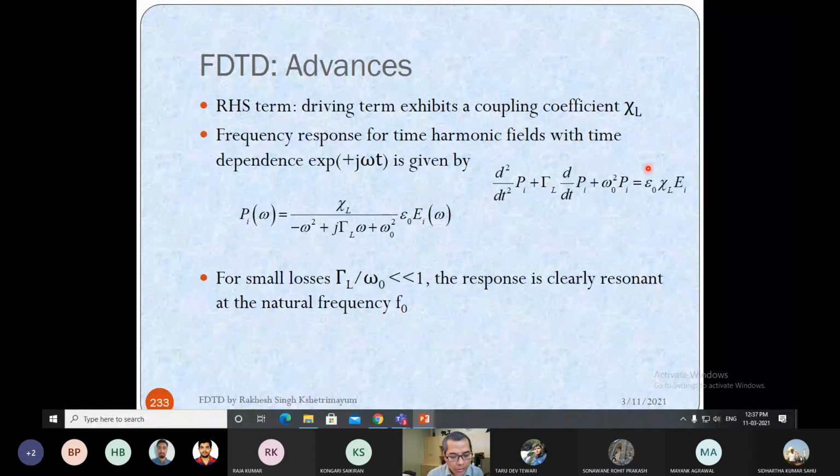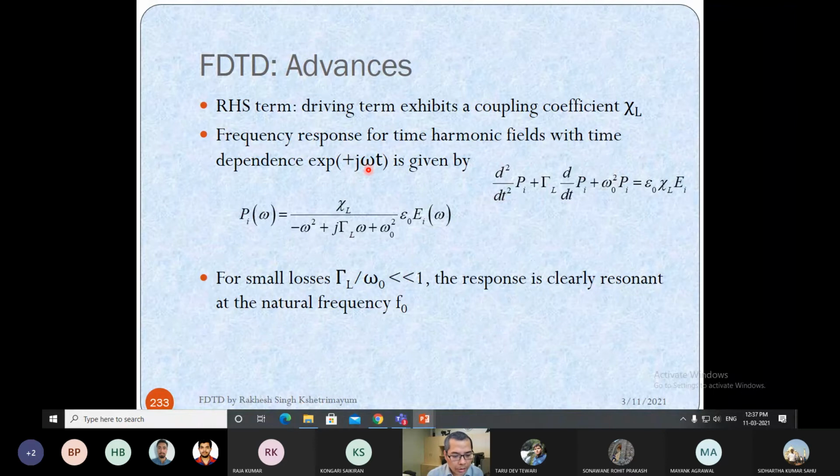This is in the time domain. If I want to convert into the frequency domain, considering time harmonic fields, then all the del by del t terms will be replaced by j omega. So del square by del t square will become minus omega square, and del by del t will become j omega. We don't have any differentiation here.